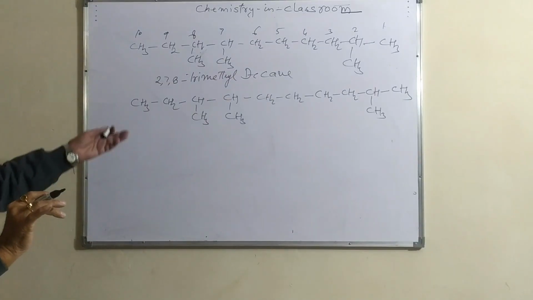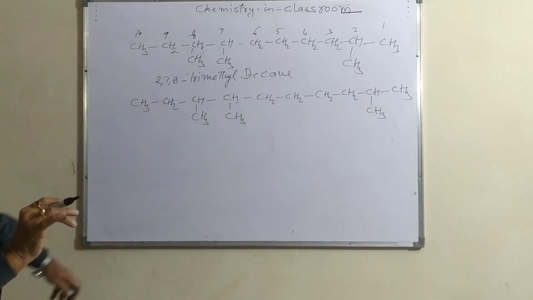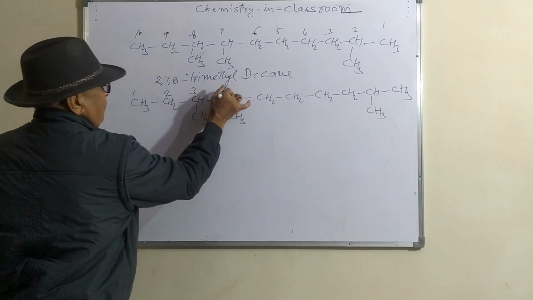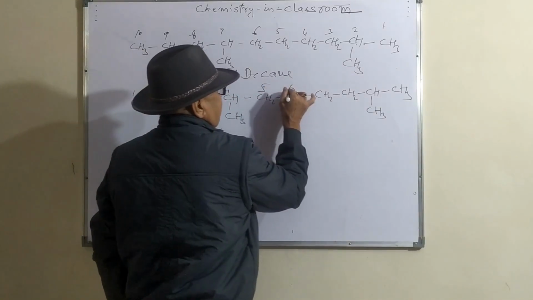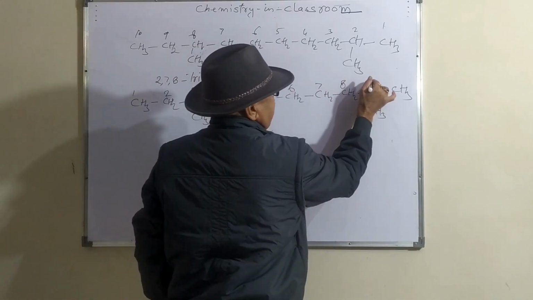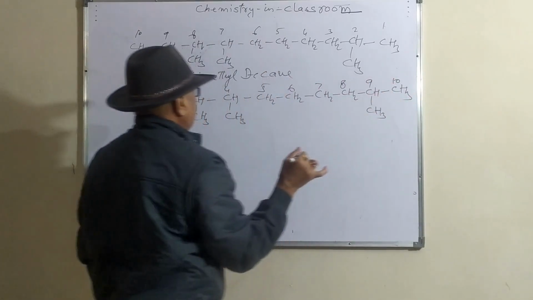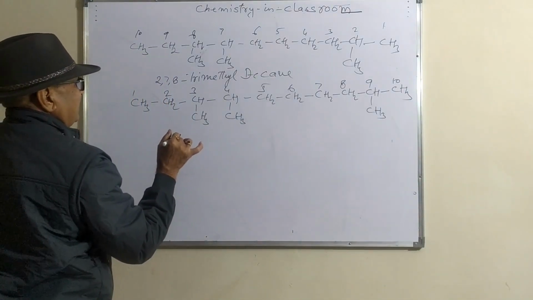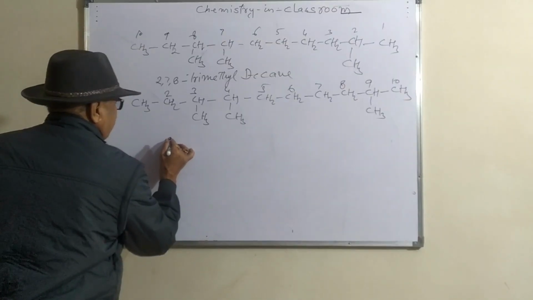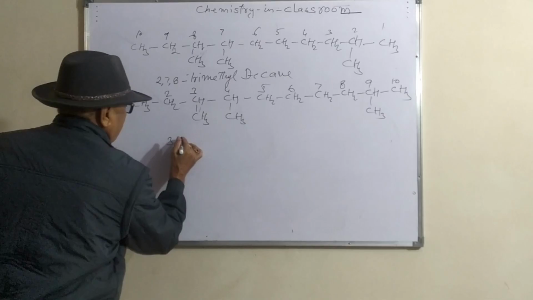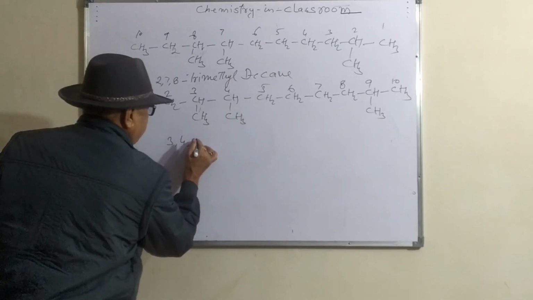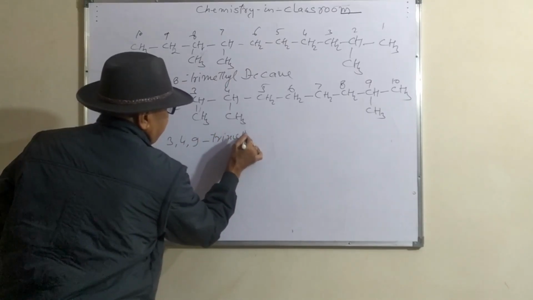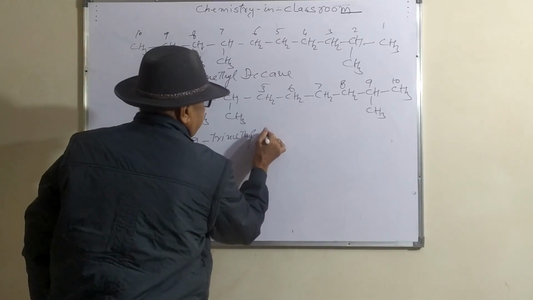If you start the numbering from this end, 1, 2, 3, 4, 5, 6, 7, 8, 9 and 10, then the name of this compound will be 3, 4 and 9 trimethyl decane.